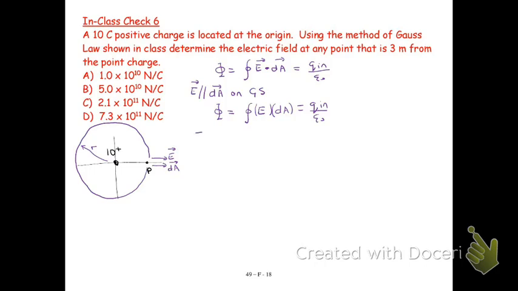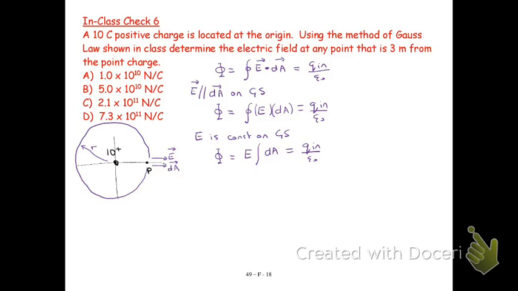Then the next thing I want is E is constant on Gaussian surface. So my flux is equal to E times the integral of dA, which equals Q in over epsilon naught. Yeah, because it's constant, I can take it out of my integral. Only constant because I'm using a symmetrical sphere. If I had the sphere over to one side, it won't work.